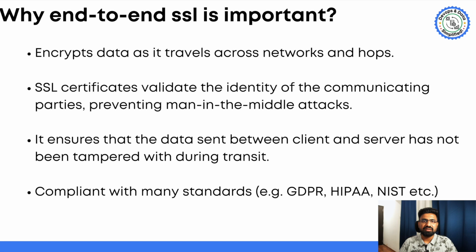With the end-to-end SSL, we ensure that the data is encrypted across every single layer. This is especially crucial in the cloud environments where data could flow through multiple processes and nodes. Think of it as a continuous shield around your data from browser all the way to the backend servers.